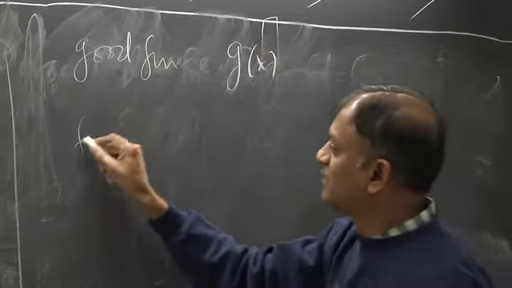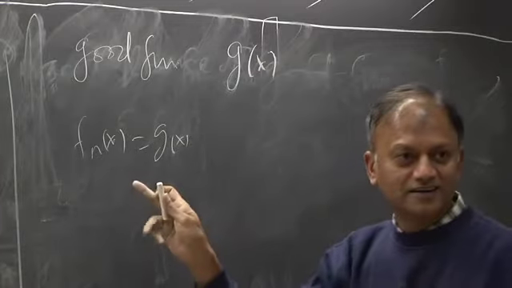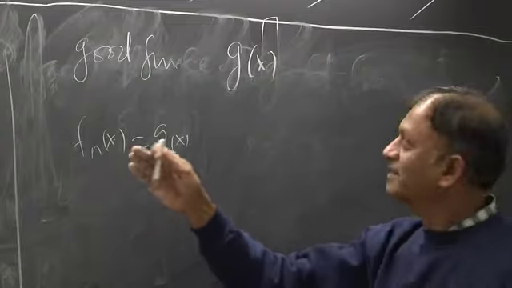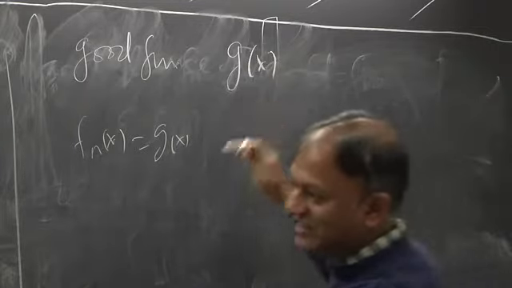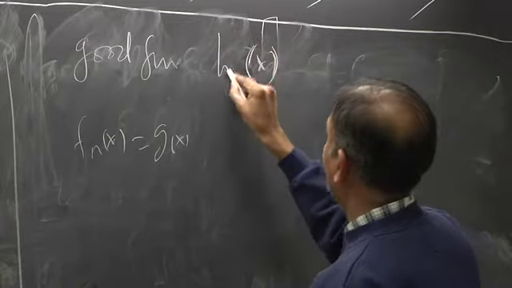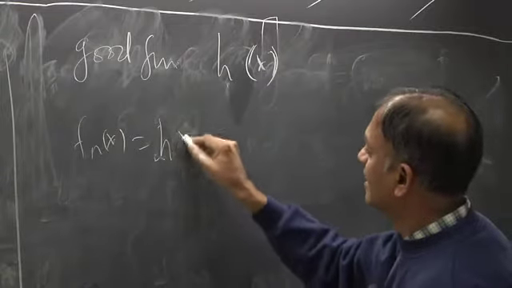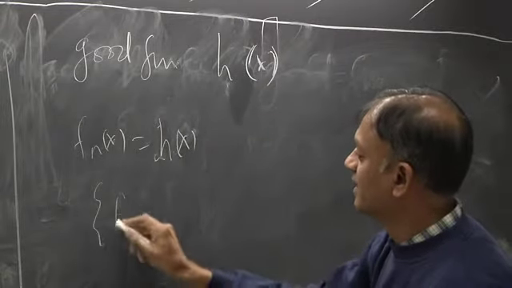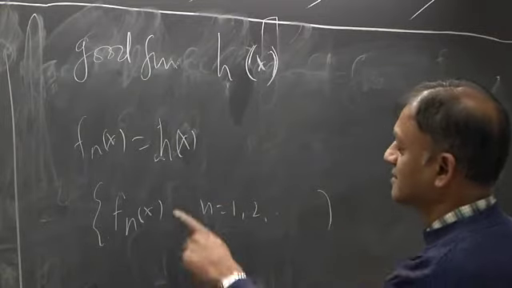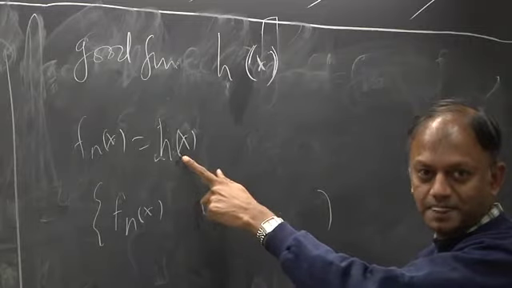Suppose there's some good function g of x. You can consider a sequence f n x which is equal to simply g of x for every n. Obviously, it converges. Maybe I shouldn't use the same g here; let's say some function h of x, which is a good function. Then I can consider the sequence f n x for n equal to 1, 2, etc., which is just h of x itself.